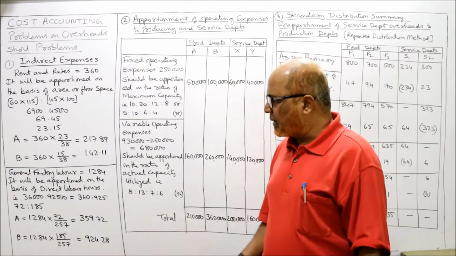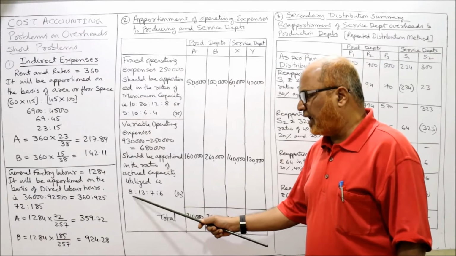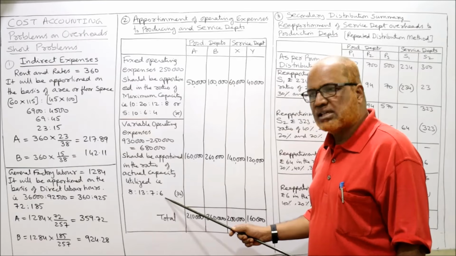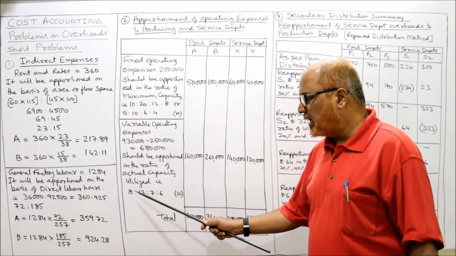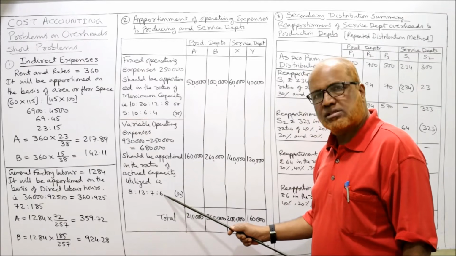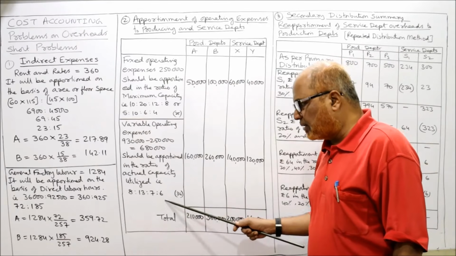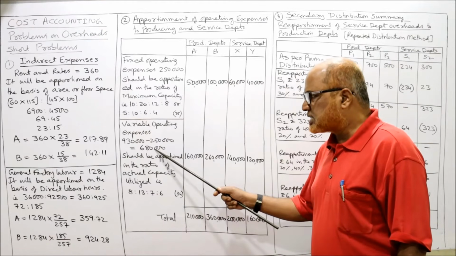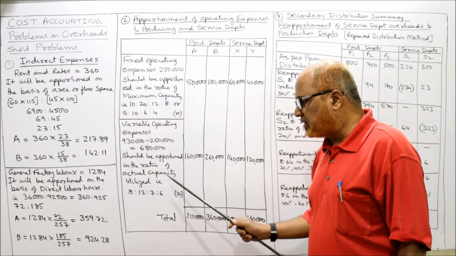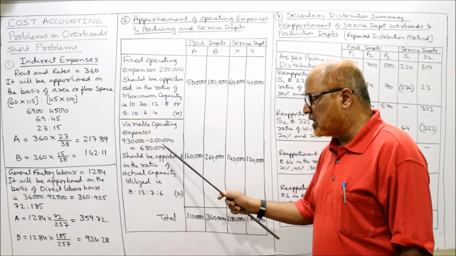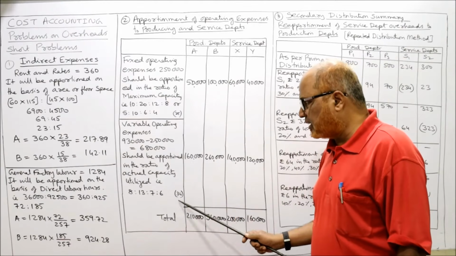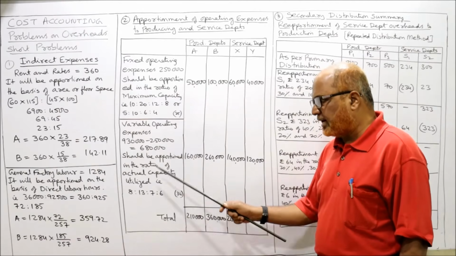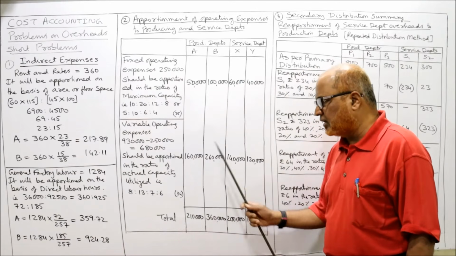It is given in the problem, capacity actually utilized are 8,000, 13,000, 7,000, 6,000. I have removed 3 zeros. 8 is to 13 is to 7 is to 6. If you add up the total, you will get 34. So 6,80,000 into 8 by 34, you will get 1,60,000. 6,80,000 into 13 by 34, 260. 6,80,000 into 7 by 34, 140.